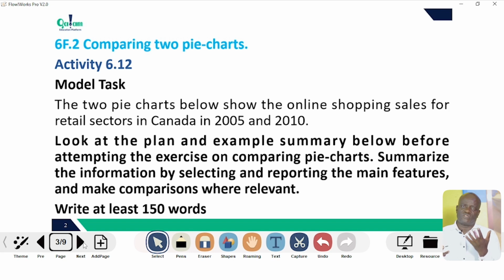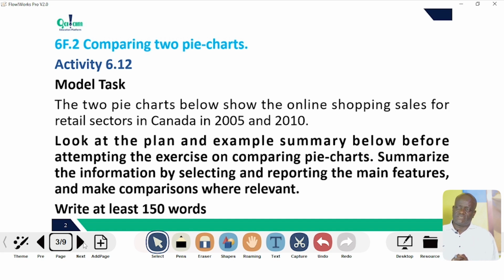So you are going to look at two pie charts, one covering online shopping sales for retail sectors in Canada in 2005, and another showing 2010. So look at the plan and example summary below before attempting the exercise on comparing pie charts.